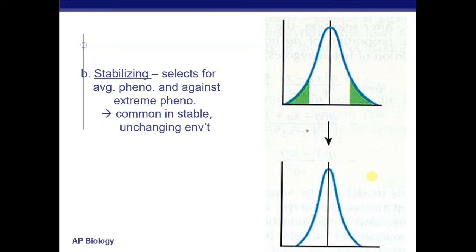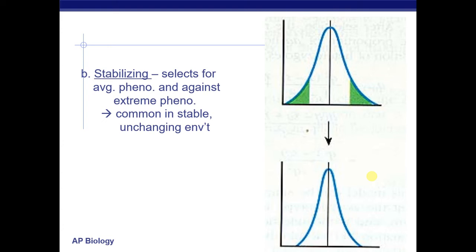The very white and the very black lizards are going to stand out against their green background, and they will be selected against. They'll be more easily spotted. The intermediate, gray phenotype will blend in the best, so they will survive and be able to pass on their DNA. That's an example of stabilizing selection.